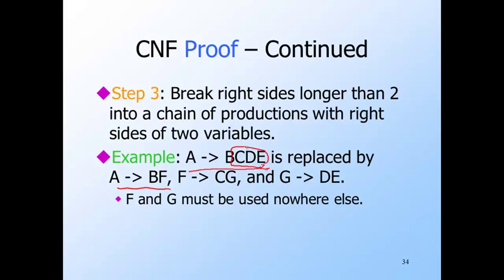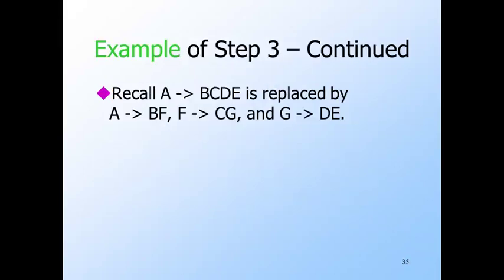G derives only DE, using the production G goes to DE, and the production for F becomes F goes to CG. Thus we've replaced A goes to BCDE by the three productions that meet the CNF requirement: A goes to BF, F goes to CG, and G goes to DE.